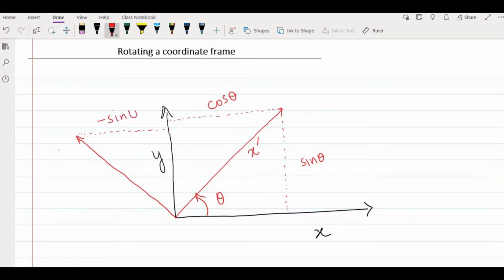The x component will be minus sine theta, and the y component will be cosine of theta. So we have resolved the new x prime and y prime into the x and y components with respect to the old coordinate system.